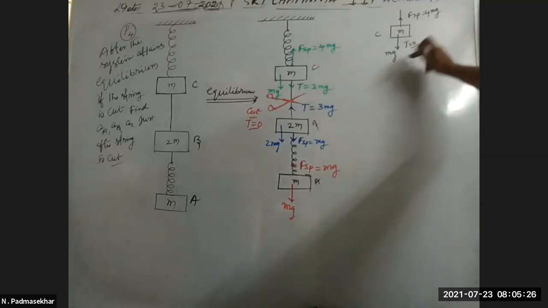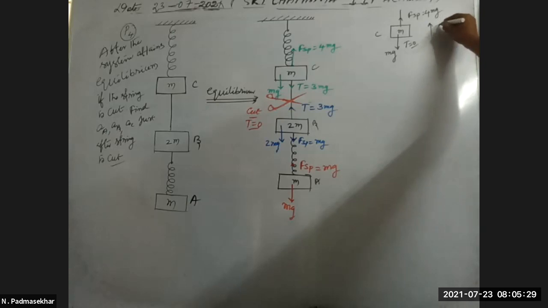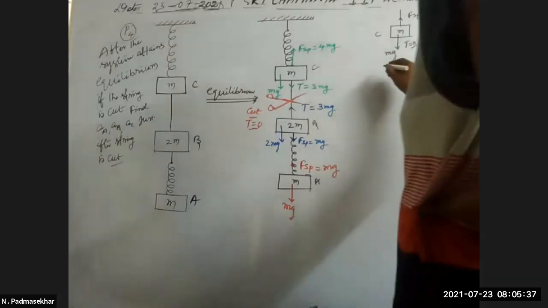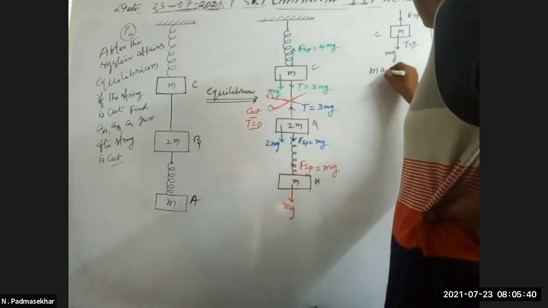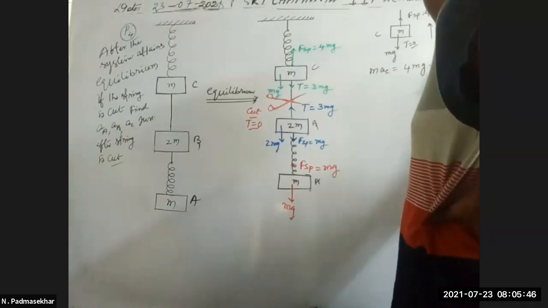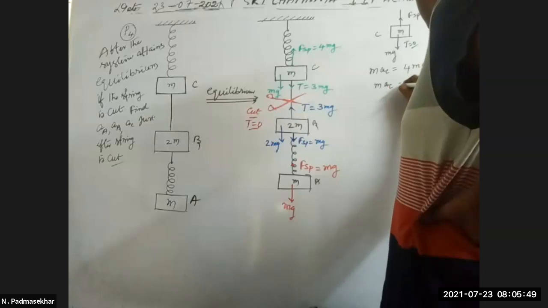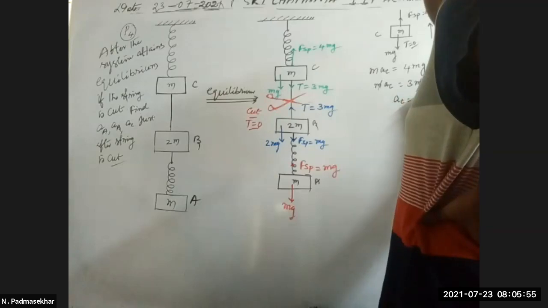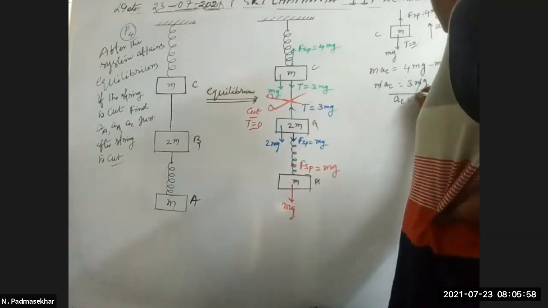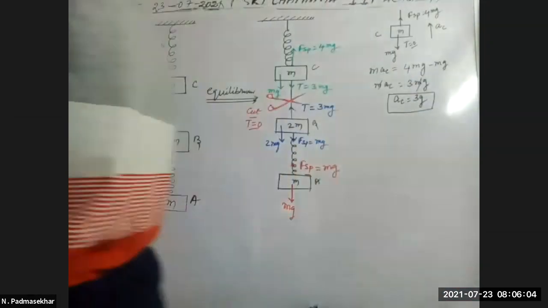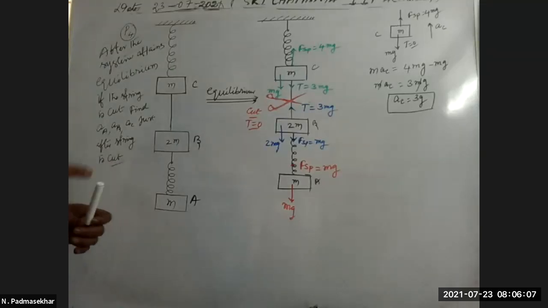So this is 4mg, this is mg, and the body is going up with an acceleration aC. So m aC is equal to 4mg minus mg, which is 3mg. So the acceleration of block C is equal to 3g.